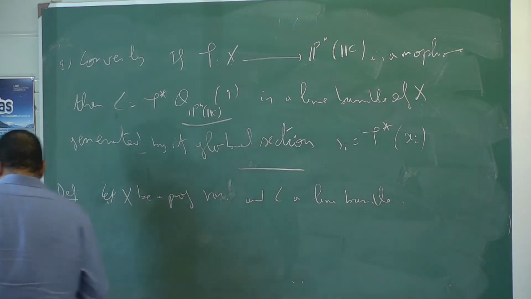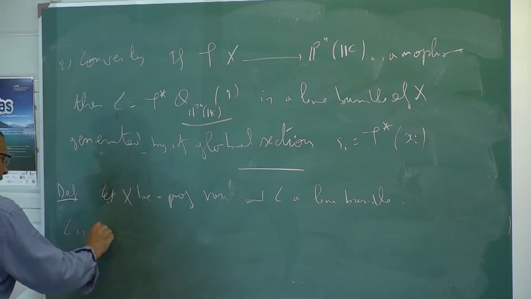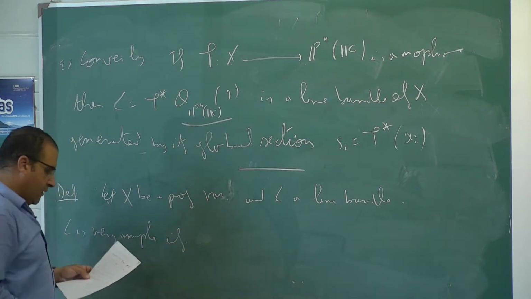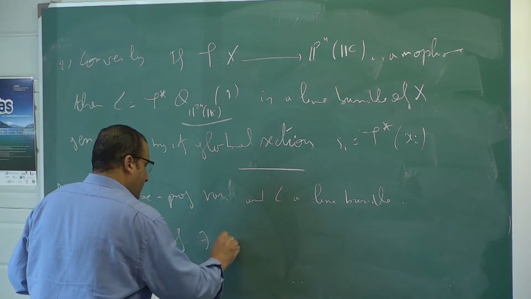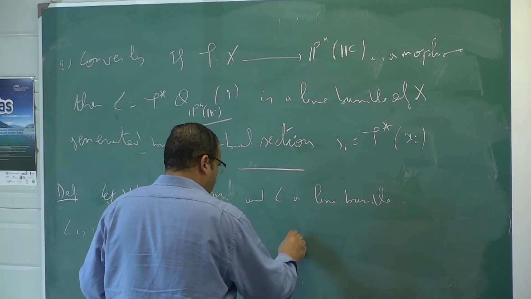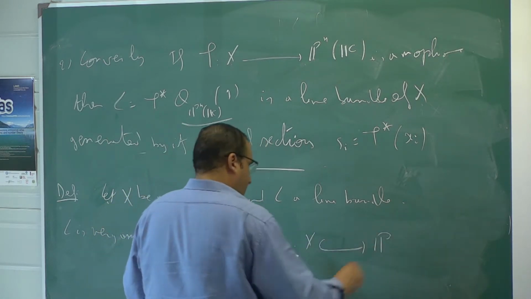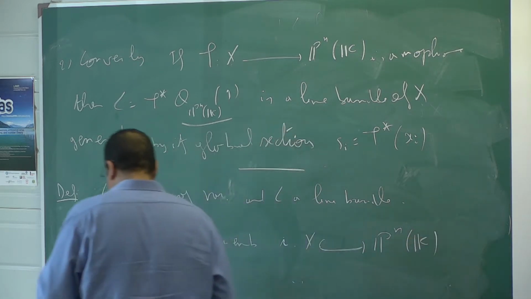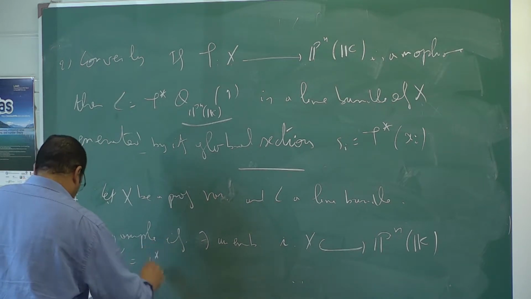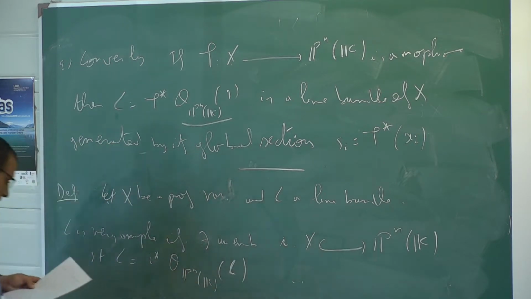We say that L is very ample if there exists an embedding E from X to some projective space, such that L is the pullback of O_{P^n}(1).